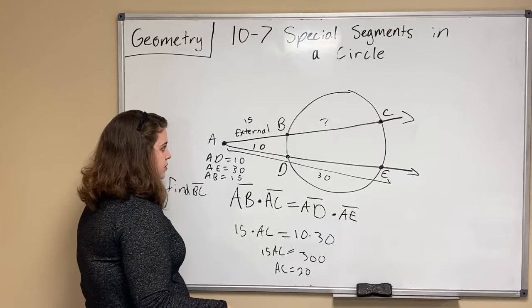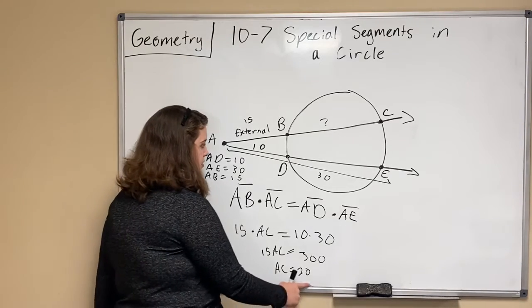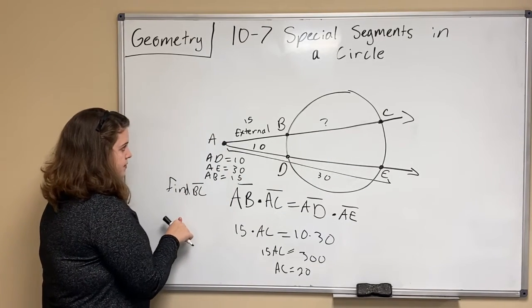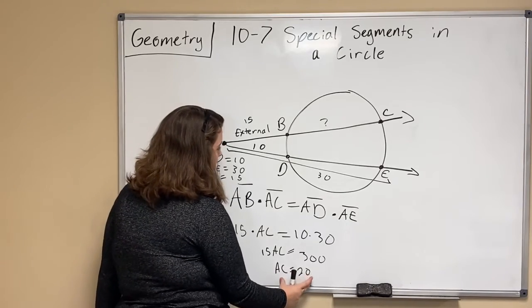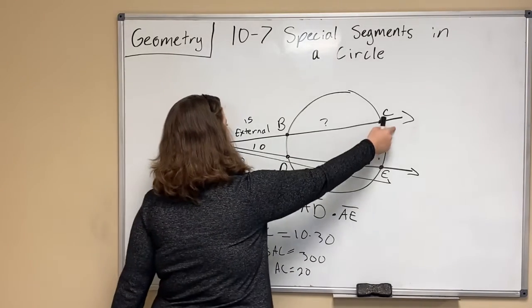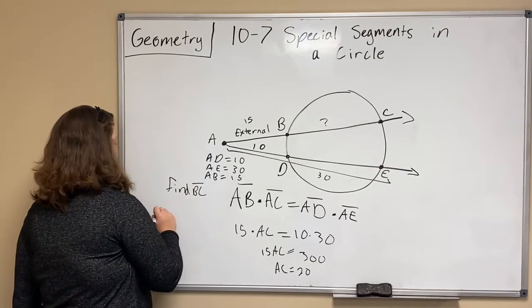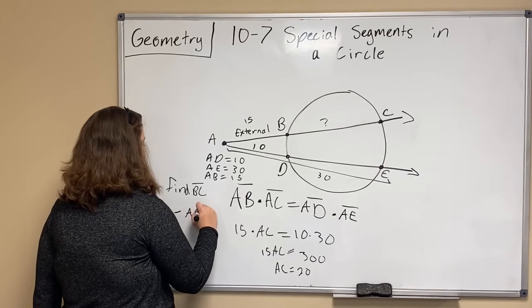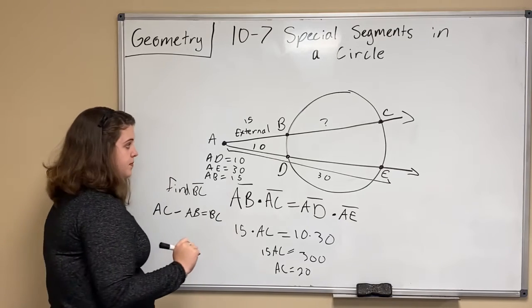But AC is not this. I'm looking for BC. That's what I asked you for. So I'm going to take my AC value, which is the total, and subtract what I know AB is. So AC minus AB equals BC. It has an extra step.